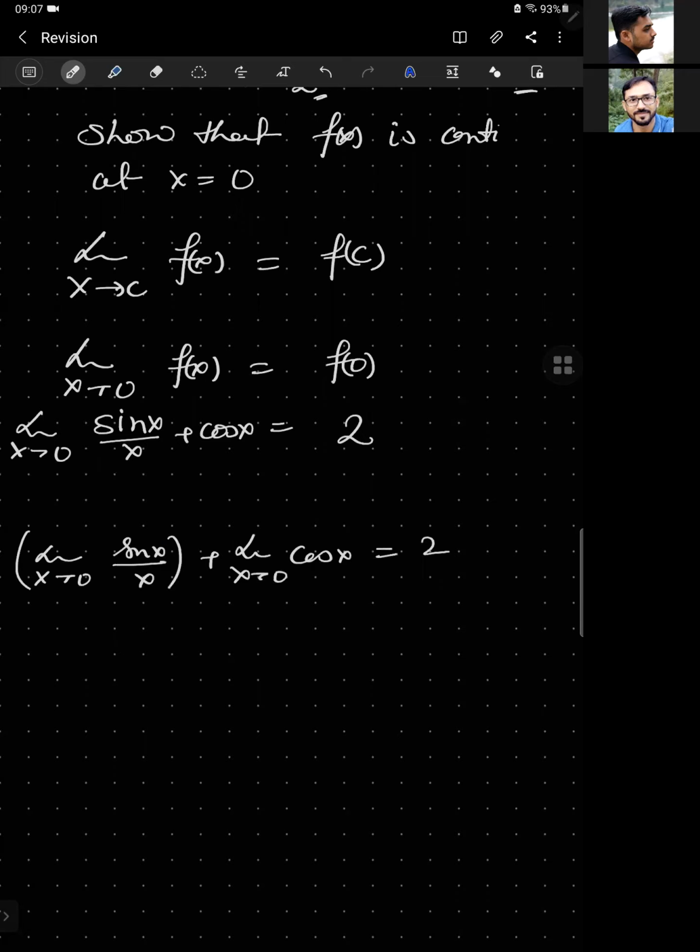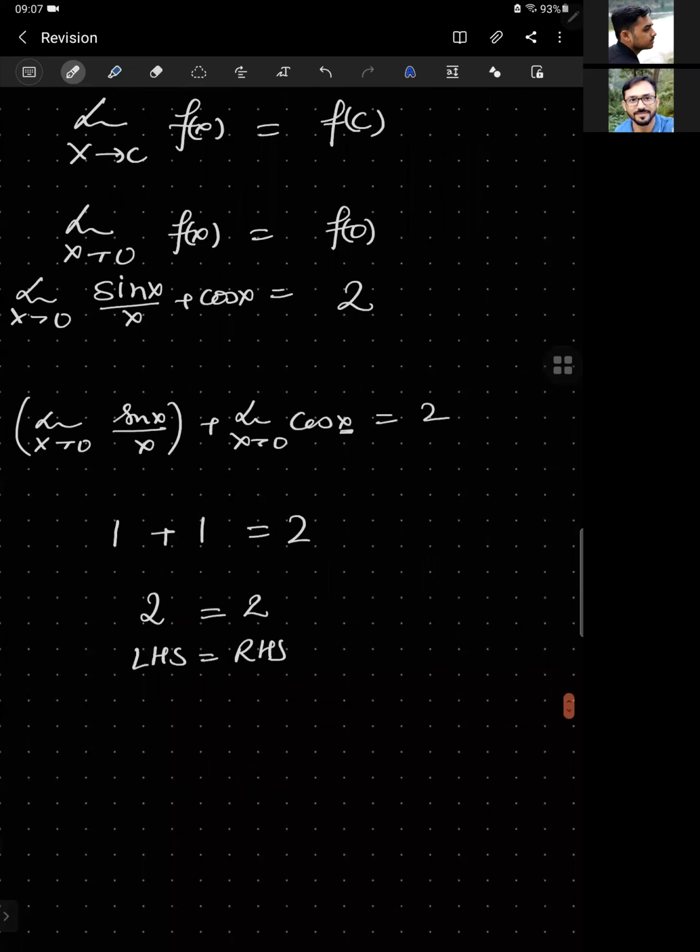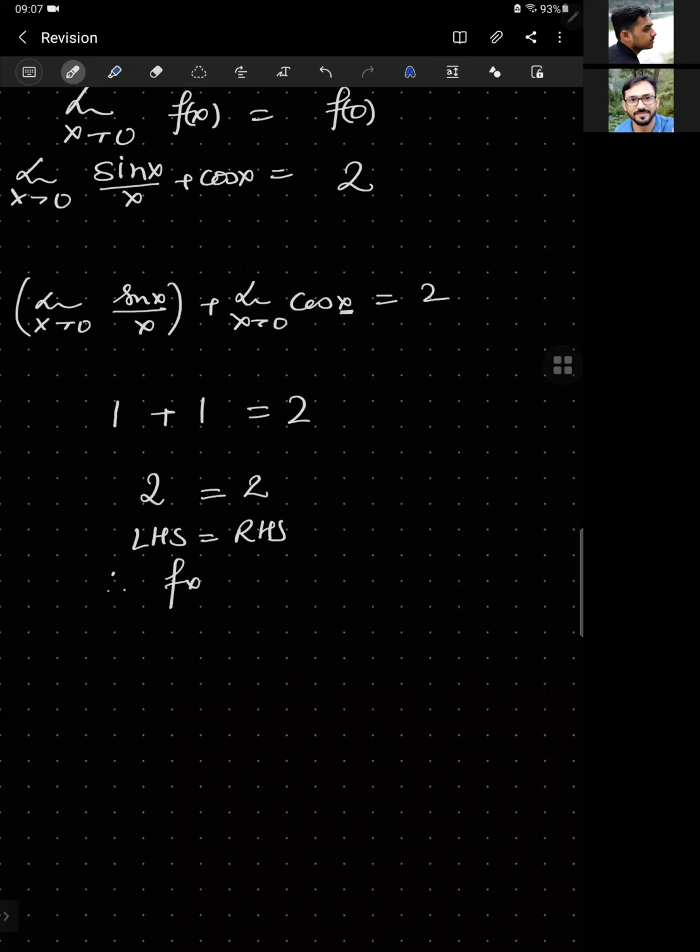Limit x tends to 0, sin x upon x will be 1, plus the value of cos 0. The value of cos 0 is 1, that is 2, and it is equal to 2. We are finding LHS equals RHS. Therefore, f(x) is continuous at x equals 0.